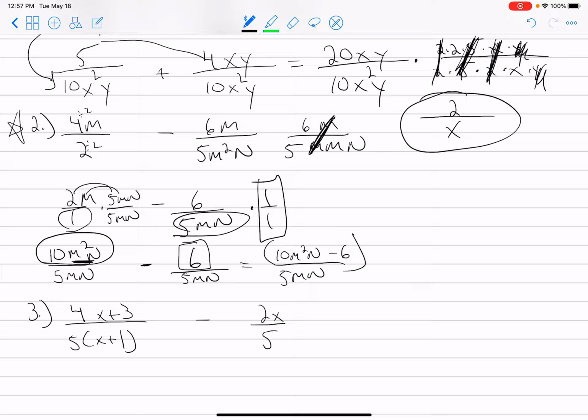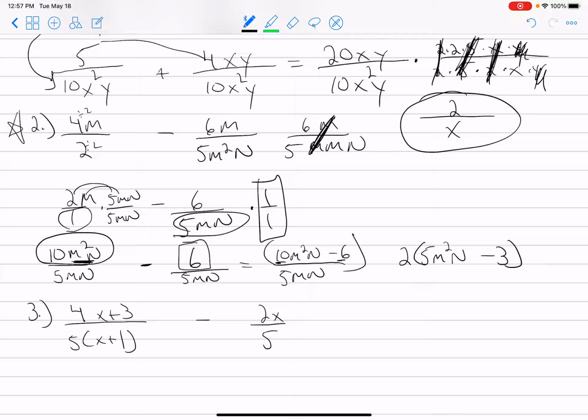Now I do want to look to see, can I factor this? I can't break into here and cancel anything out with this 5. But I do want to see if I can factor out of this. And I see a 10 and a 6 where I can factor out a 2. So I'm going to go 2 times 5m squared n minus 3, right?